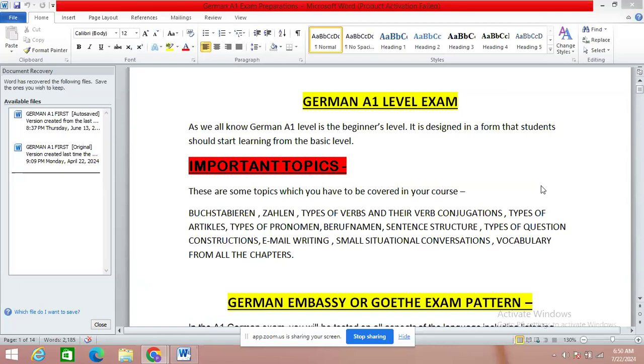Then email writing, then some small situational conversations, and yes, the vocabulary. Vocabulary is a must in any language. If you have the vocabulary, then you can construct the sentences. So these are just the basic, important topics which one should include in the German A1 level course.